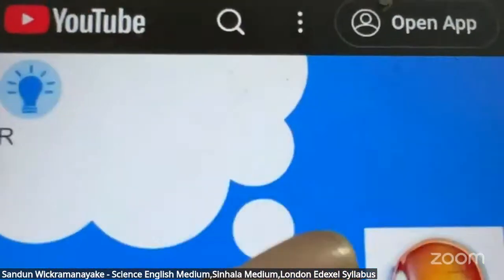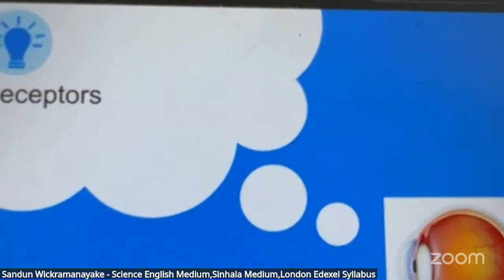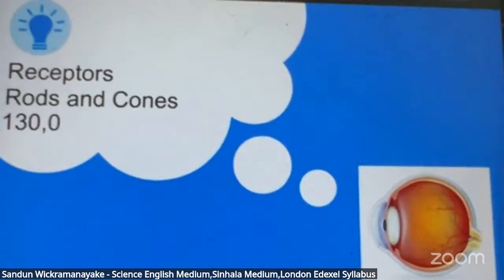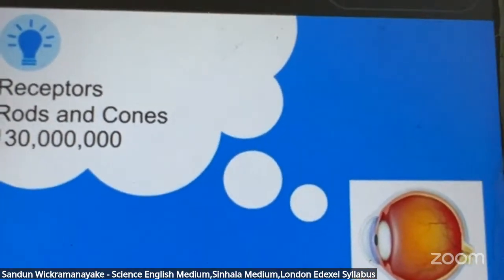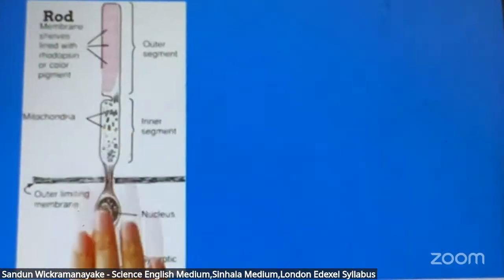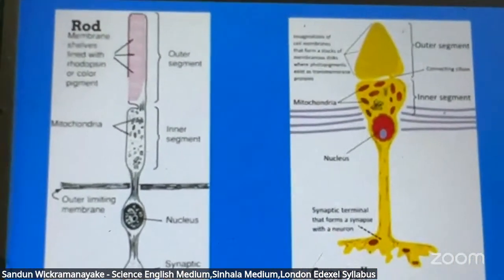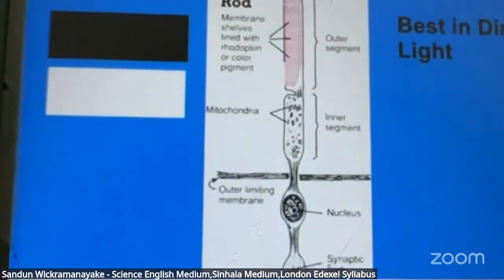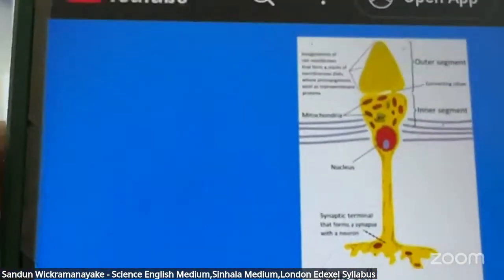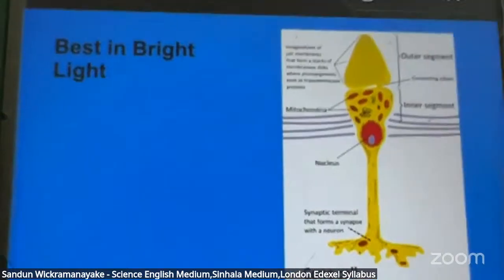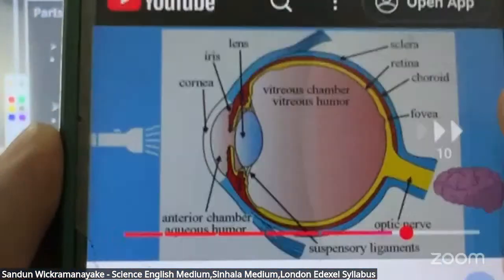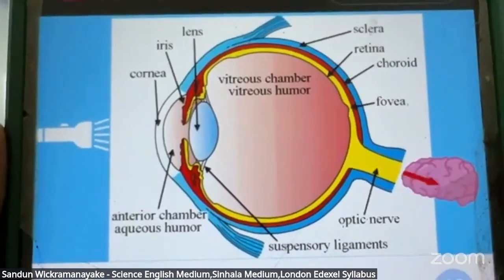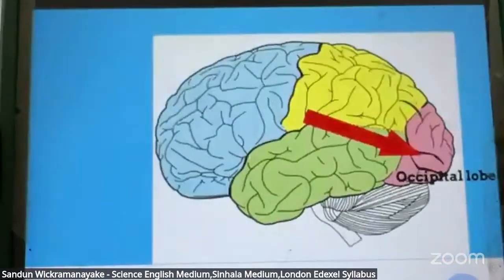The rod cells stimulate the electric pulse, and the cone cells also produce the electric pulse, and the electric pulse goes through the optic nerve to the human brain, and we can see the picture and the object. That's what happens through the eye.